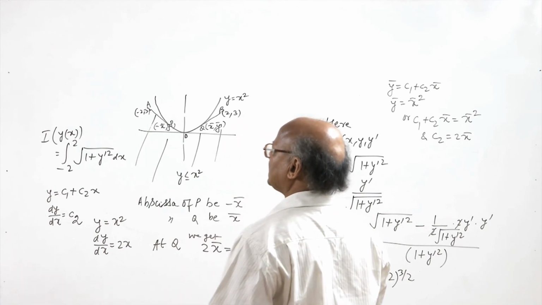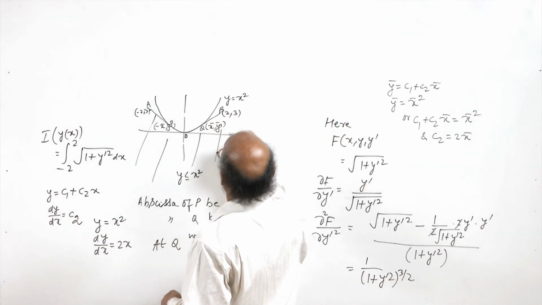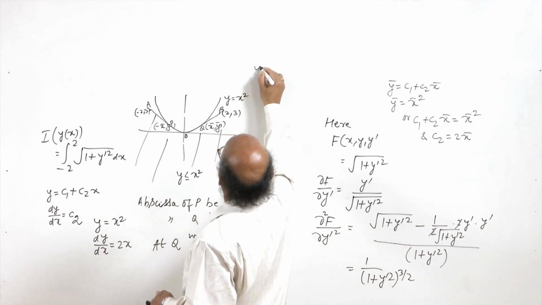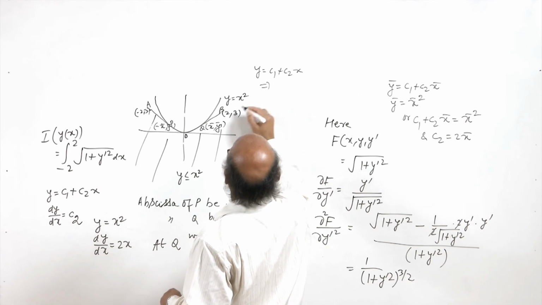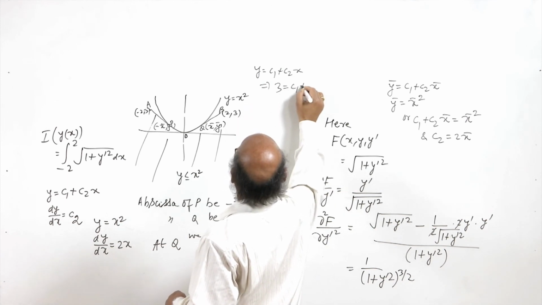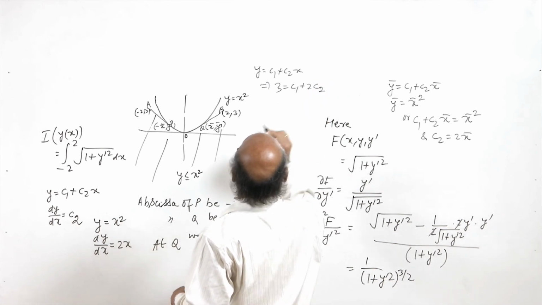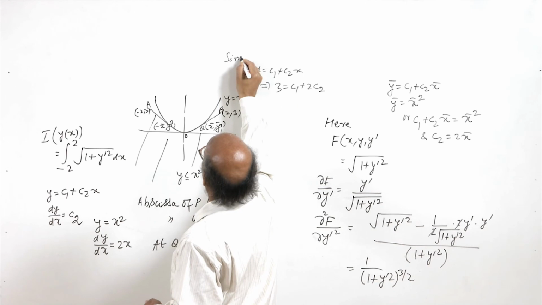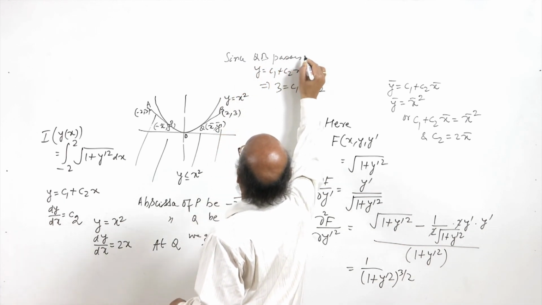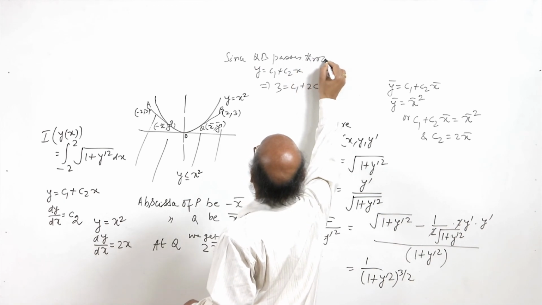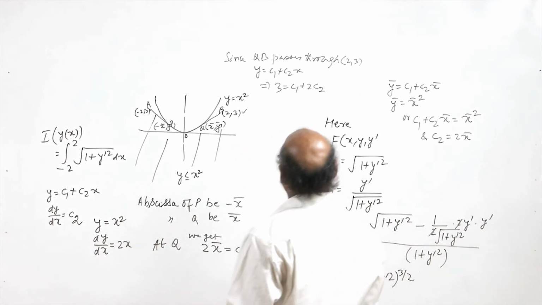Now moreover, this line QB passes through 2 3. So what we get, y equal to C1 plus C2x gives you 3 equal to C1 plus 2C2, since QB passes through this point 2 3.